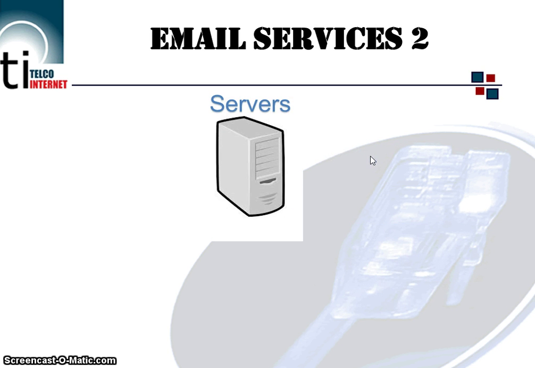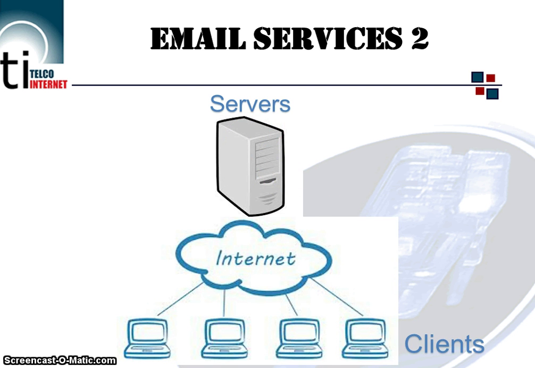Now, the way that an email service works is that a server is set up, whether it's a physical server or it's a hosted server at the ISP's end. A physical server is set up with all the facility to host the email addresses. Then customers on their end, or the clients on their end, must have access to the internet, because this server sits on the public internet. In order for emails to be sent and received, this server must sit on the public internet, and the server and the clients must be able to access the public internet.